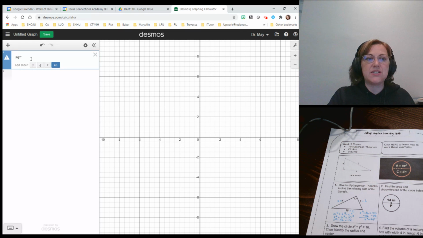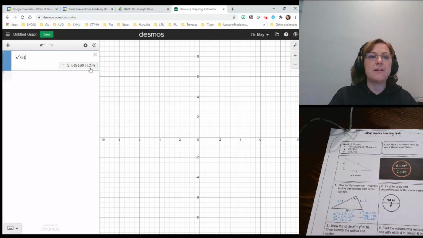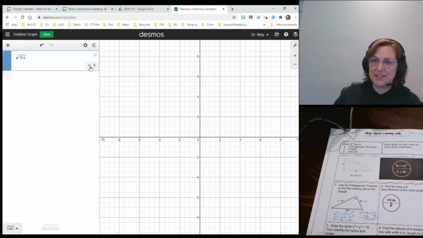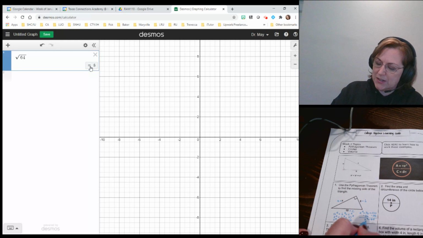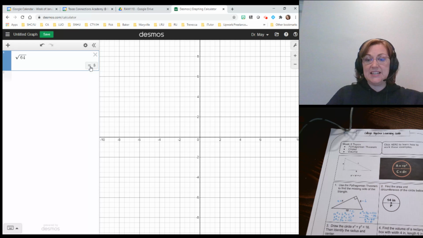So friends, I'm typing in SQRT and notice that Desmos turns it to a square root for me, and then I'm putting in 64. And that gives me a value of 8. I did a double take there because I thought Desmos was telling me it was 2 point something. That's not going to work for us. But X is 8 here, and that is our final answer.